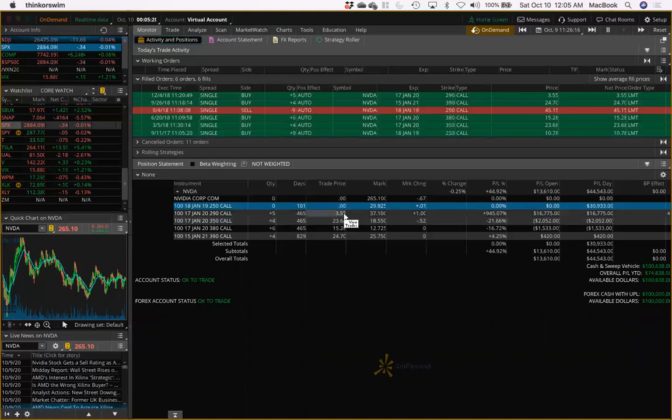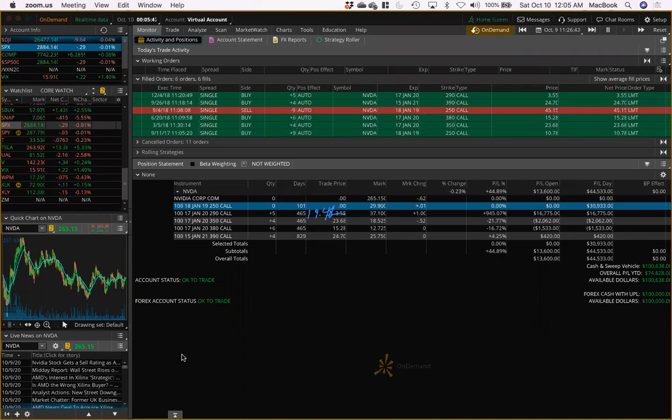It should not be $3.55. This would be $19.48, because that's what we were trying to get it at. So we would be at 37.10 on the 19.48.